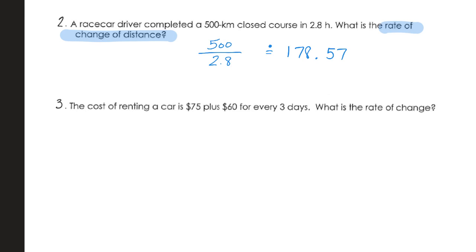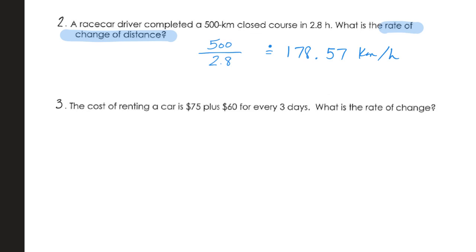Now, there are no inherent rounding rules in this case, so I'm going to round off to 2 decimal places. What units are we talking about? Kilometers per hour. Okay, it was a race car driver, so that makes sense. That race car driver's going pretty fast.